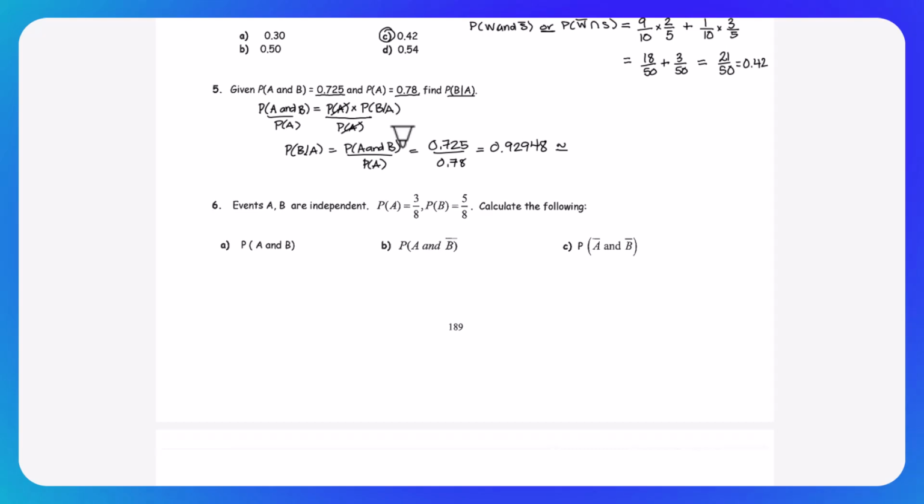So we're going to say it's approximately equal to 0.93. I want you to make sure that if you are rounding things, it's not going to be an exact value. We want to show that you understand that it's approximately equal to and not equal to, okay?